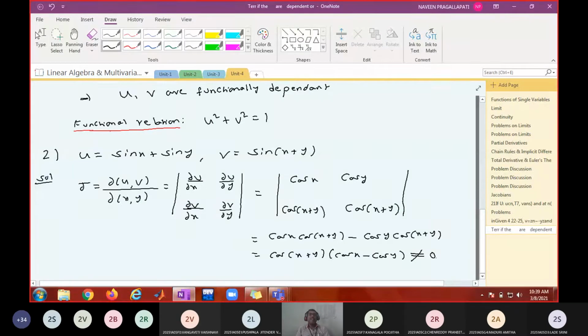Therefore, you are not identically getting 0. Therefore, the Jacobian is non-zero. So from this, what is your conclusion? u and v are functionally independent. Right. Shall I proceed?